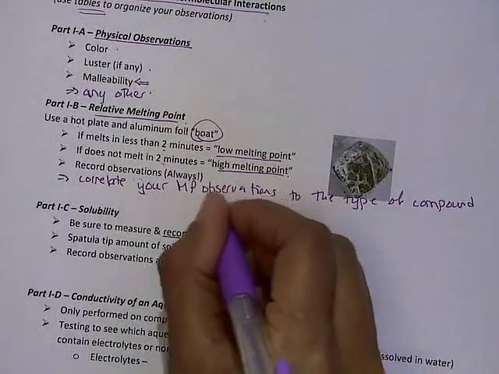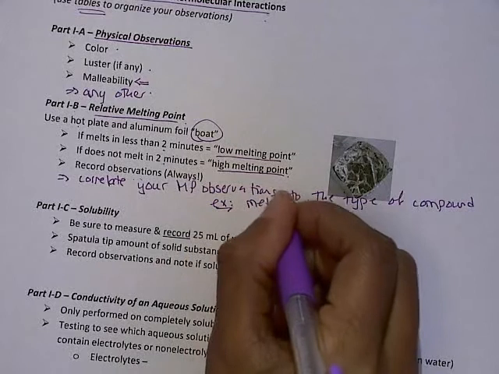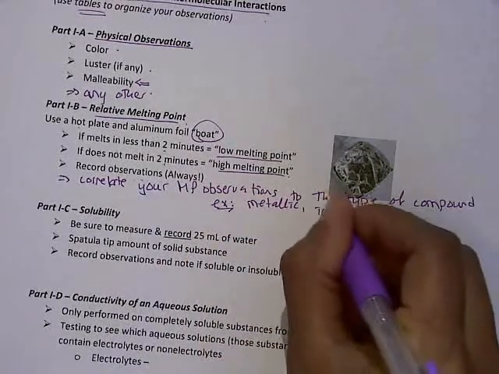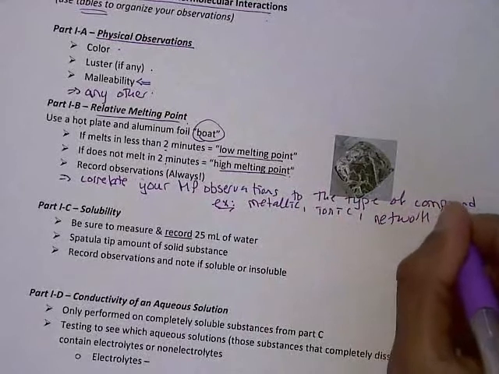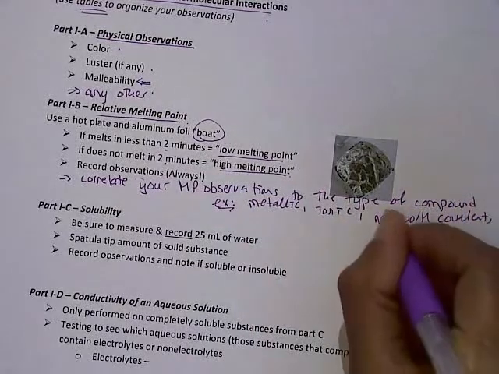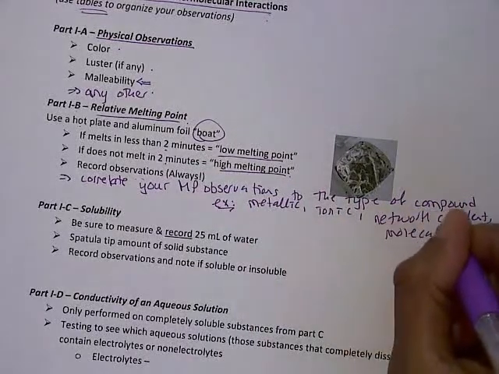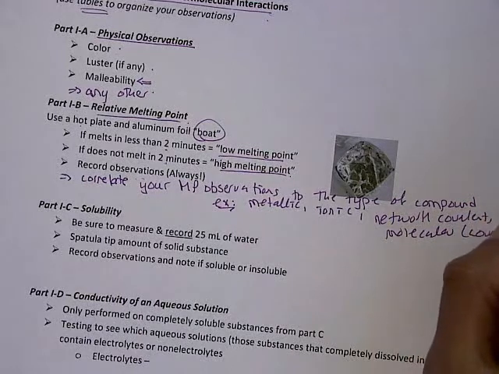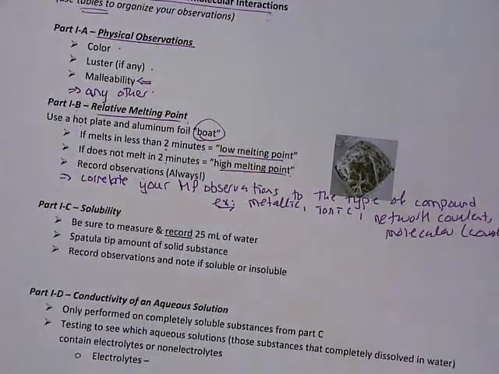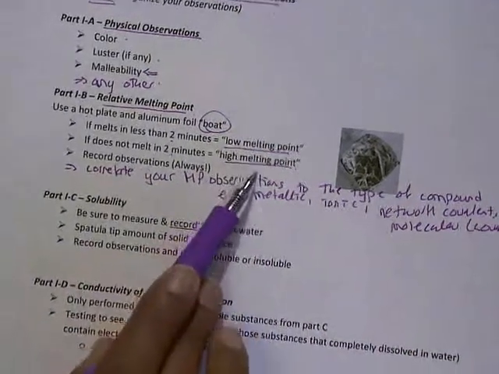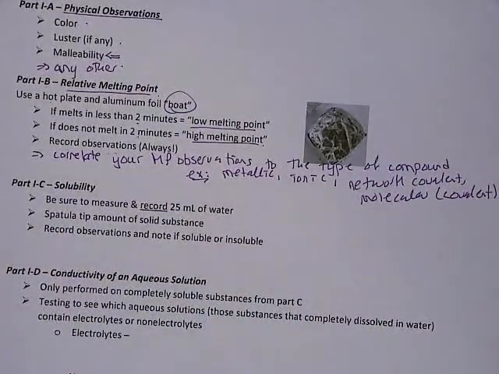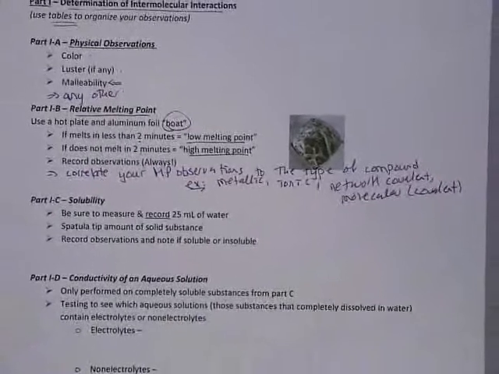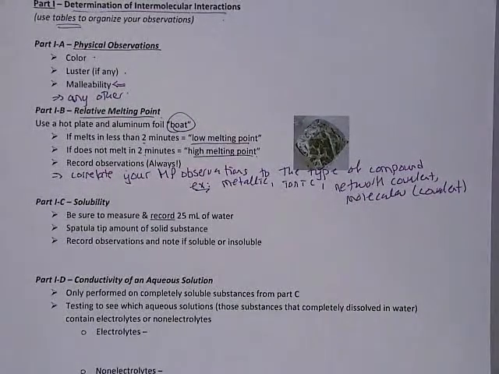Basically, is it a metallic compound? Is it ionic? Is it network covalent? Or is it molecular? Molecular, also known as covalent compounds. And correlate your melting point observations to the type of compound and see if it makes sense, if it's actually a good correlation or poor correlation. And if it's a poor correlation, discuss this with your lab instructor.